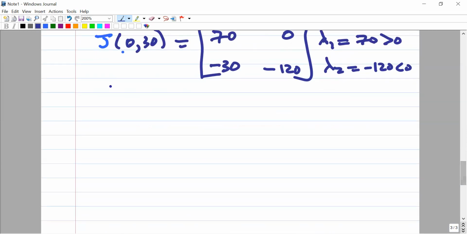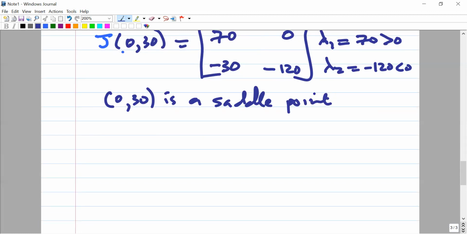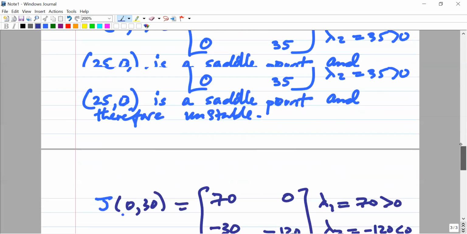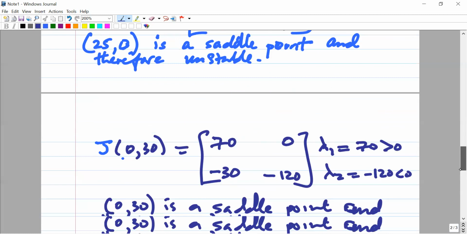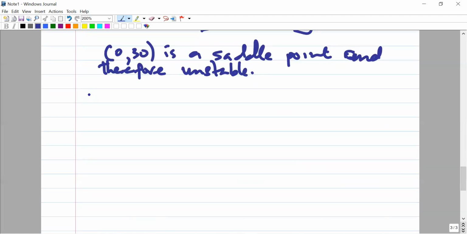So 0, 30 is a saddle point, and therefore unstable. So then, of the three, one should be stable. We can't have all of them unstable.